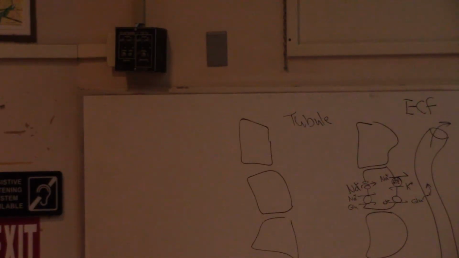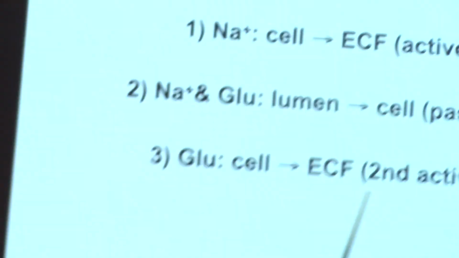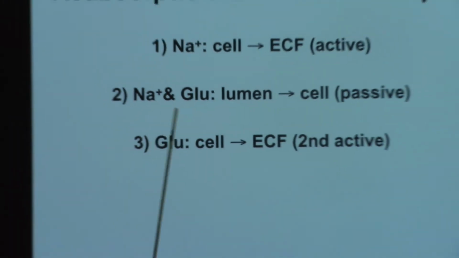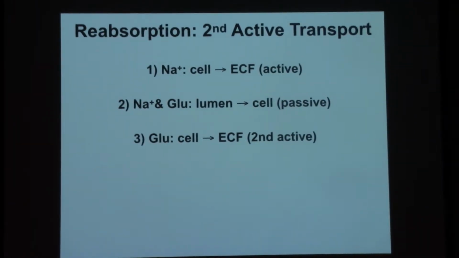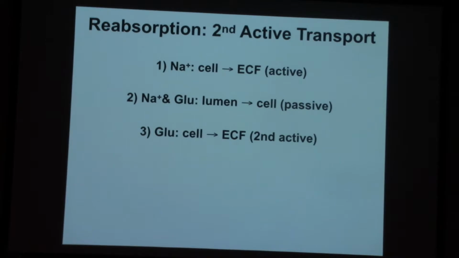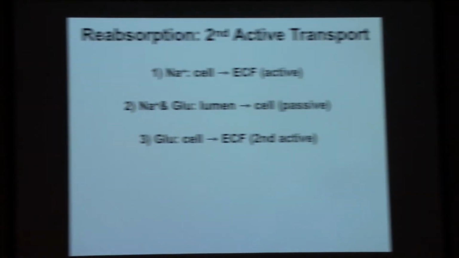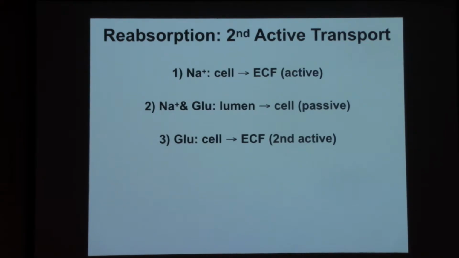So, are you getting tripped up by the secondary active transport? So really, what is secondary active transport? It's this whole thing together. It's glucose's journey from one side of the cell to the other. Right? And so the goal is, let's get it from the lumen to the extracellular fluid. How do we get it there? We use the sodium gradient. And it was 2 steps. We had to go through the cell membrane on both sides.